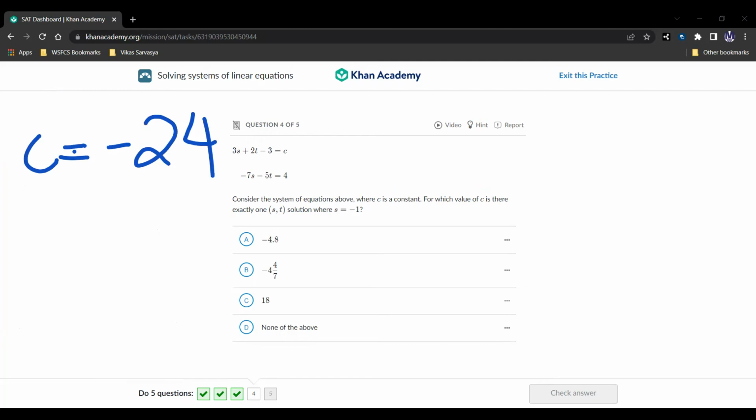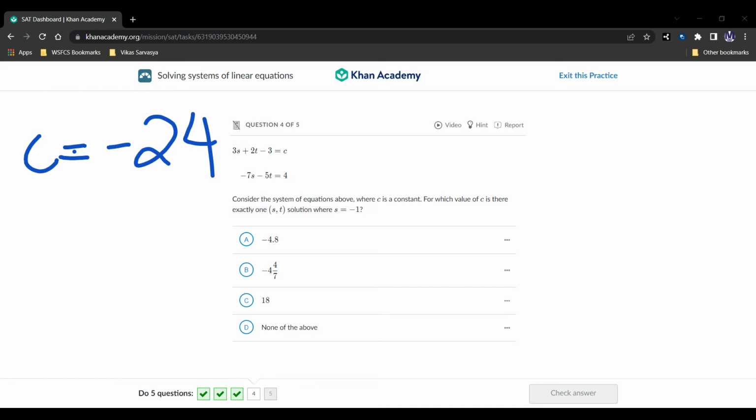So you might be tempted to just pick none of the above, but first we have to figure out why the other answers don't work. All right. So why did the other answers not work? Well, let's see. If we plug in c equals 4.8, right, and we plug in that s equals -1, what do we get? Well, let's find out.